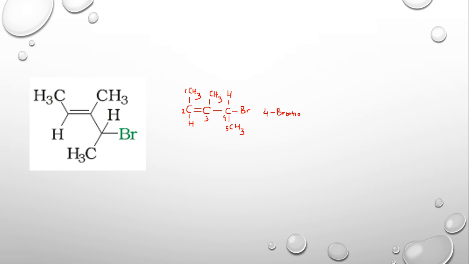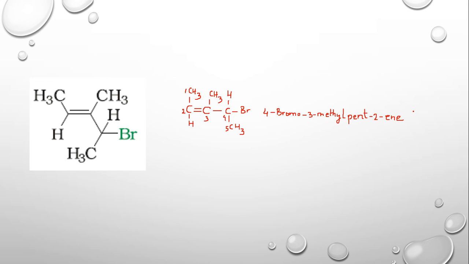Now on the fourth carbon atom, you have bromo. Then on the third carbon atom, you have a substituent, that is methyl. So it is going to be 3-methyl. Now the name of the parent, that is pentene. So it is going to be pent, and write the position of the double bond, that is 2, pent-2-ene.